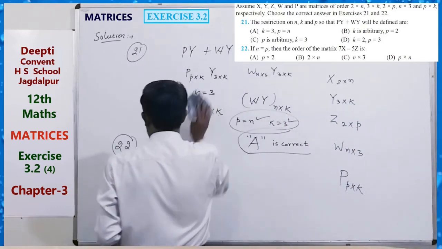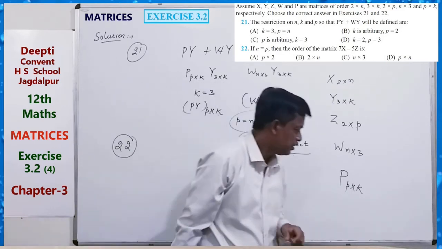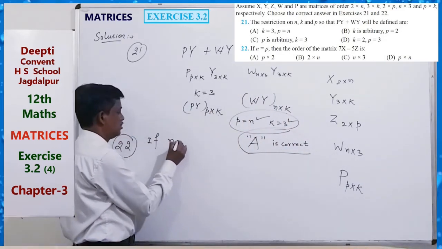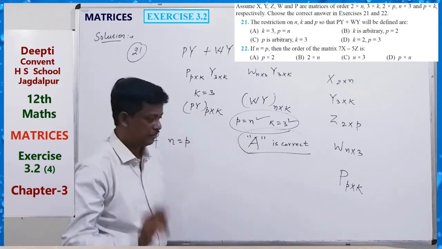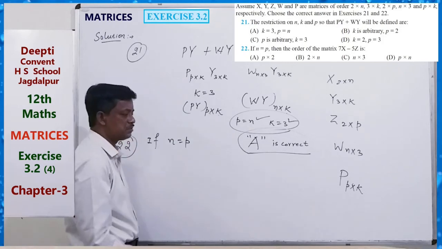Now 22. What is question 22? If n equals p, then find the order of the matrix 7x minus 5z.